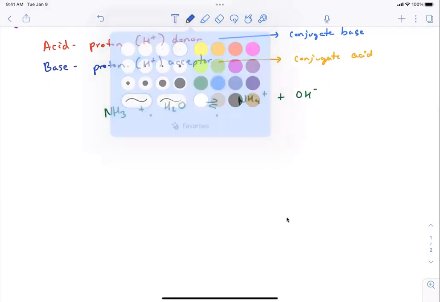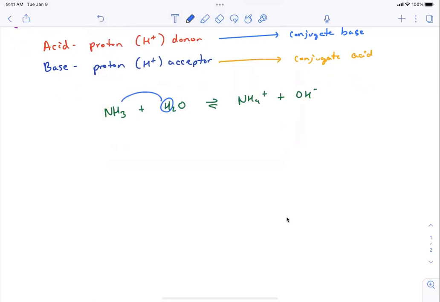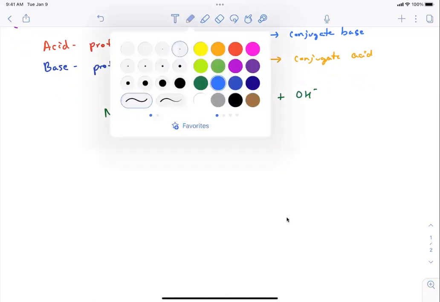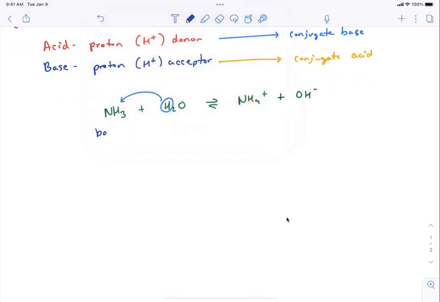In the reactants, you can see that the H is being donated from the water to the NH3 to form NH4 plus, which means that NH3 is our Bronsted-Lowry base, and water is our Bronsted-Lowry acid.